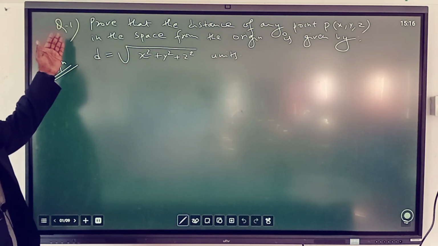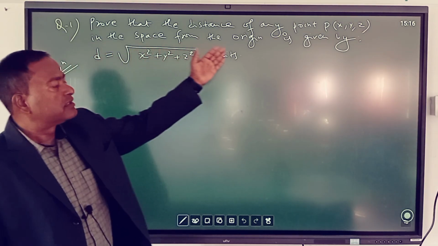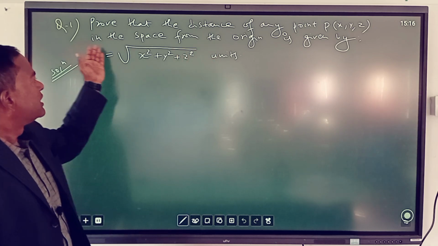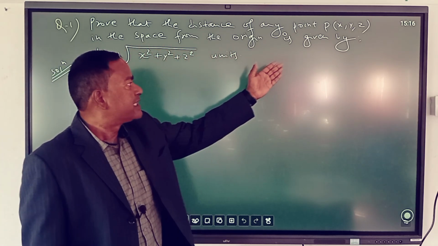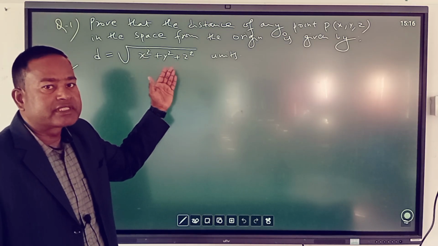Dear student, the first question is: prove that the distance of any point P(x, y, z) in this space from the origin is given by d is equal to root x square plus y square plus z square.